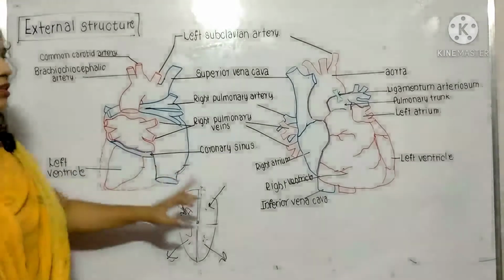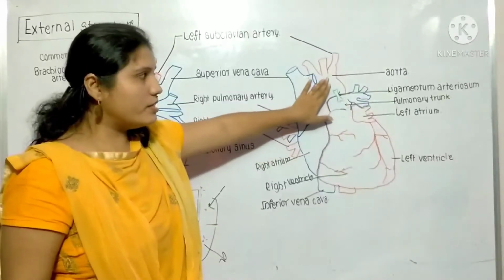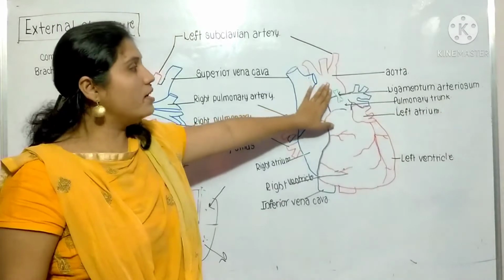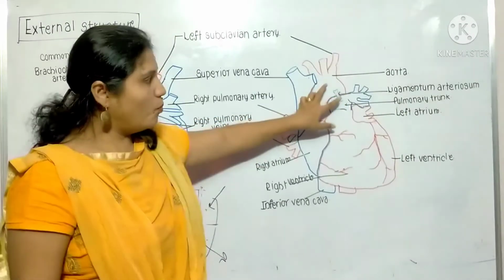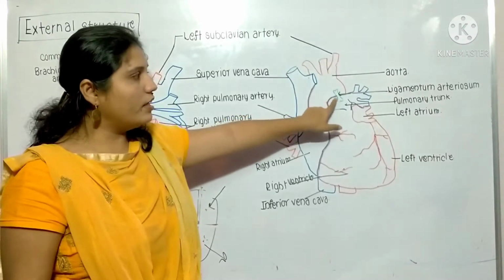Now remember this one: the systemic aorta and the pulmonary artery join with each other with the help of the ligamentum arteriosum, which I have already drawn.